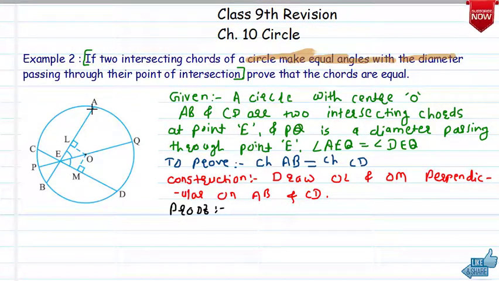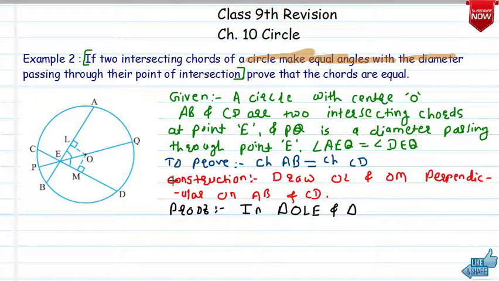To show these distances are equal, I already told you that whenever you have to show sides are equal or angles are equal, you have to use a congruency criterion. For that, we require two triangles: first triangle OLE and second triangle OME.